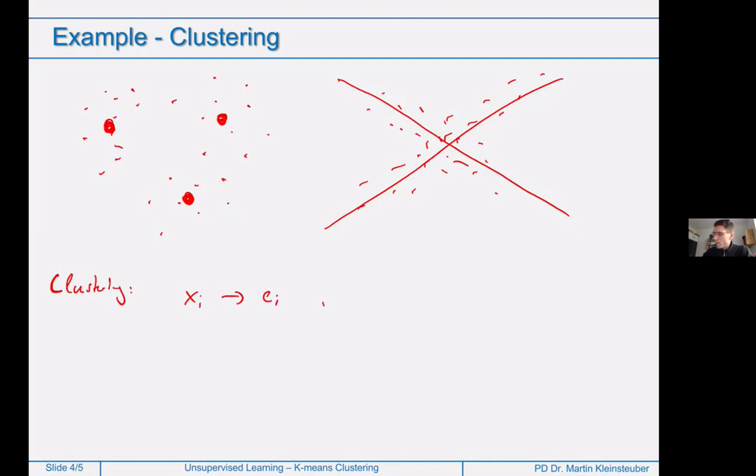And ci is in some class c1 to ck. Okay, so you have only finitely many values that this clustering function, call it F, can take.